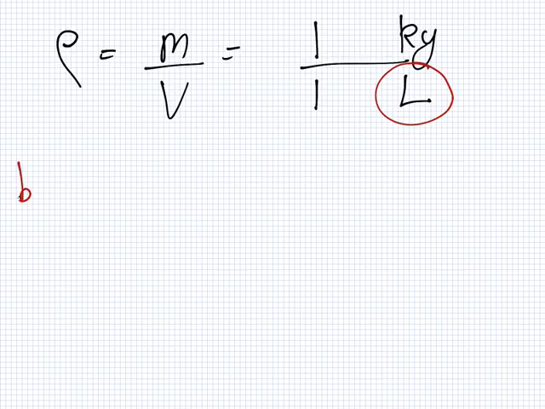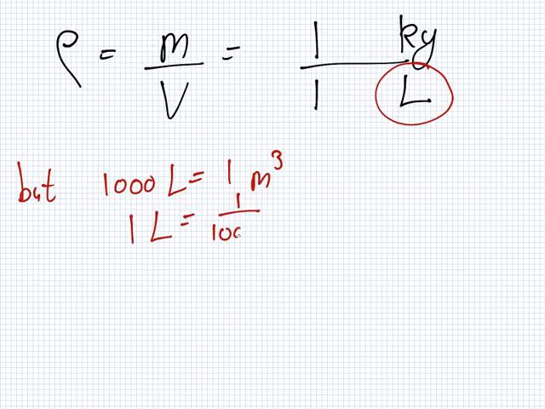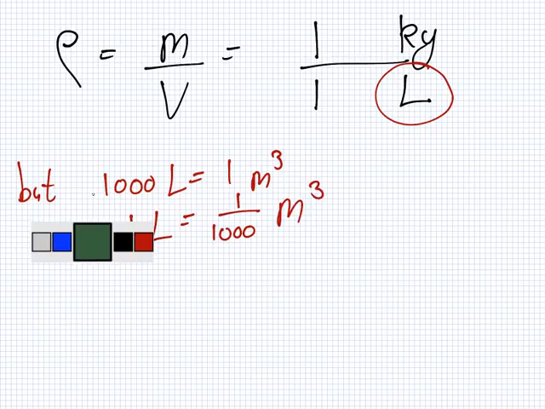But 1,000 litres equals 1 meter cubed. So that means 1 litre equals 1 over 1,000 meters cubed. Can you see what I did there? I just divided by 1,000.